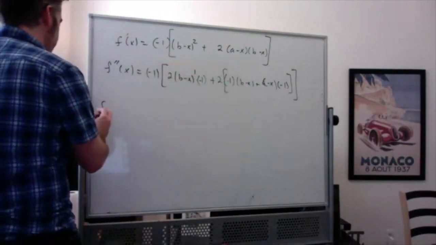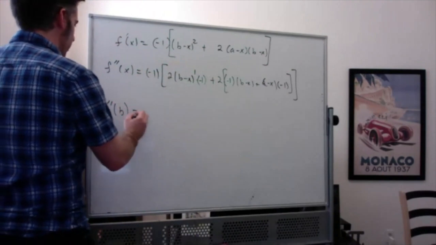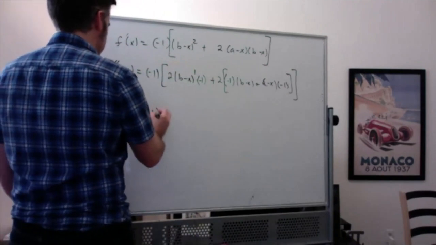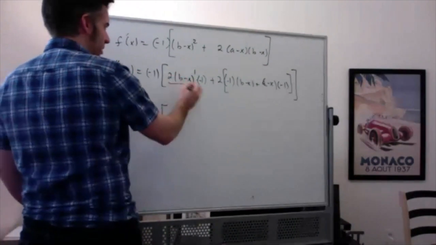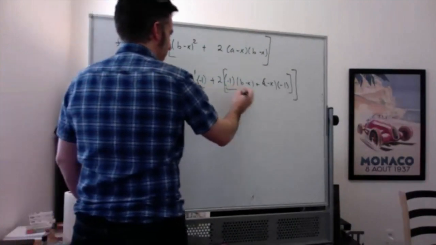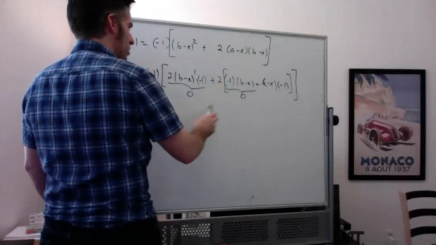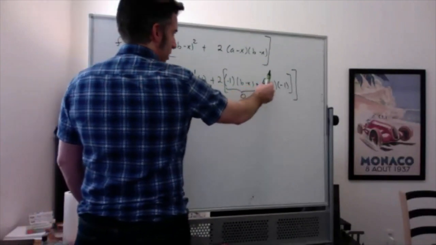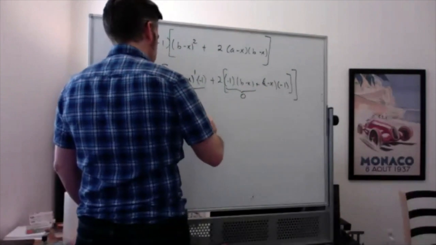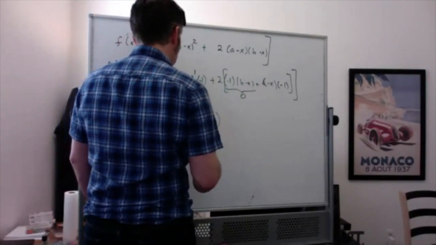So if I plug in b, let's see what we get. You get -1 times, that's going to be 0. That's going to be 0. So we get -1 times times (a minus b) times -1.